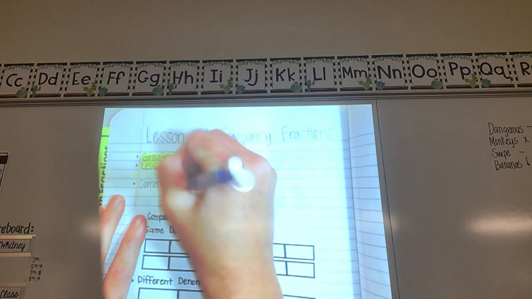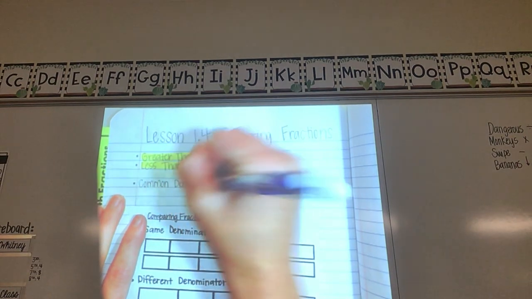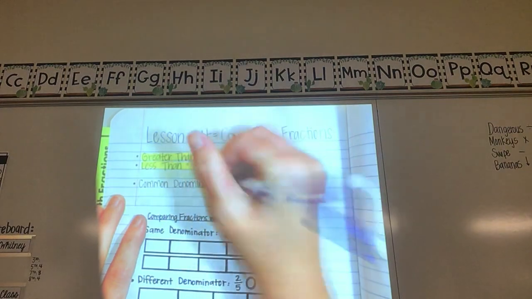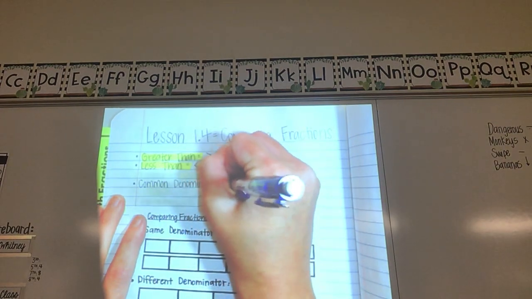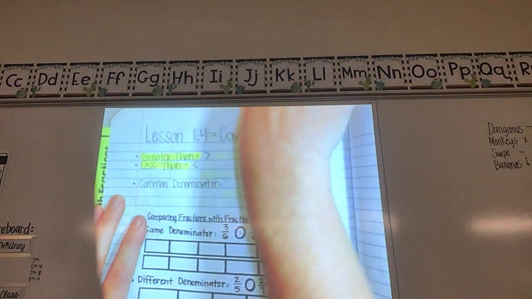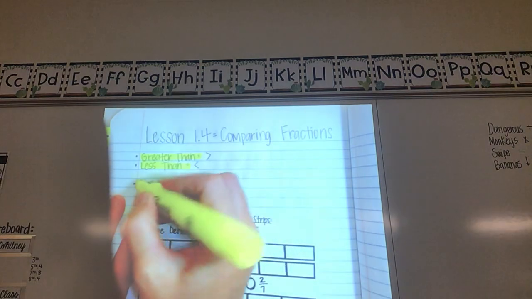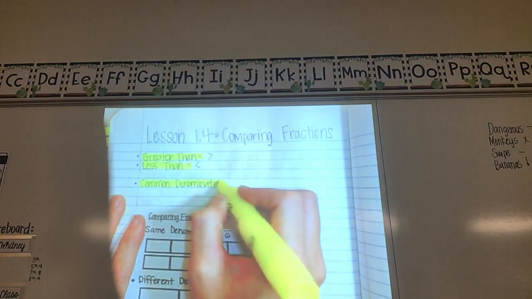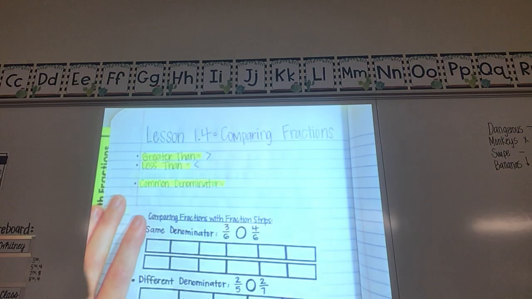Common denominator. If we're thinking about what we know, common means that two things are going to be the same. And if you remember, denominator is the bottom number of a fraction.